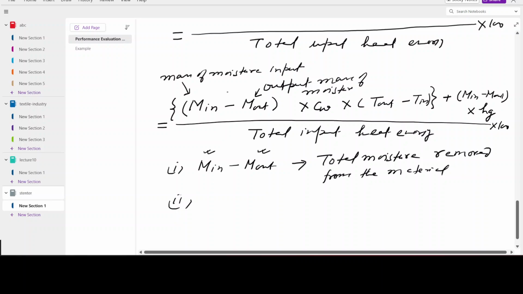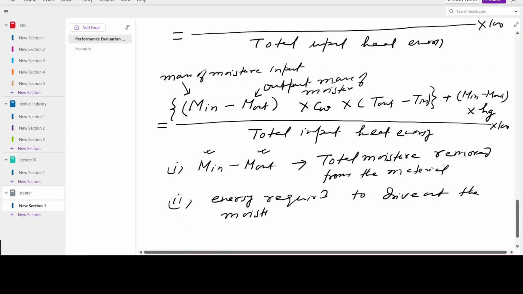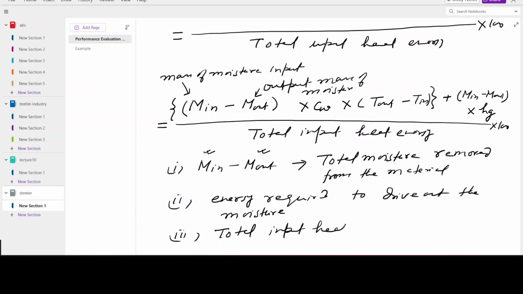And the whole numerator term represents the energy required to drive out this moisture, and the third term is the total input heat energy, or fuel energy input.